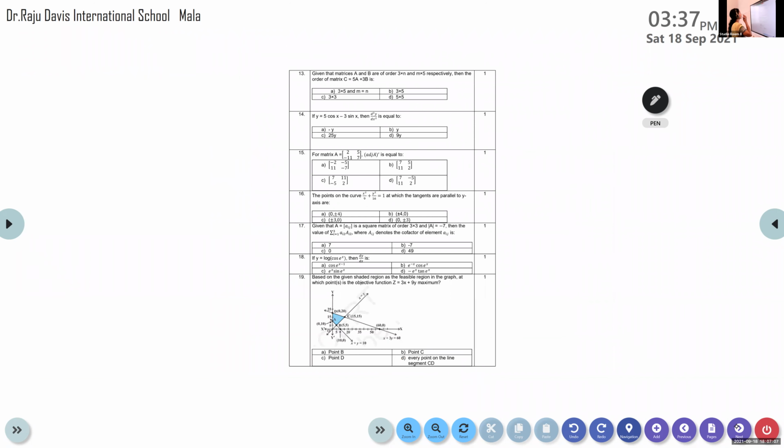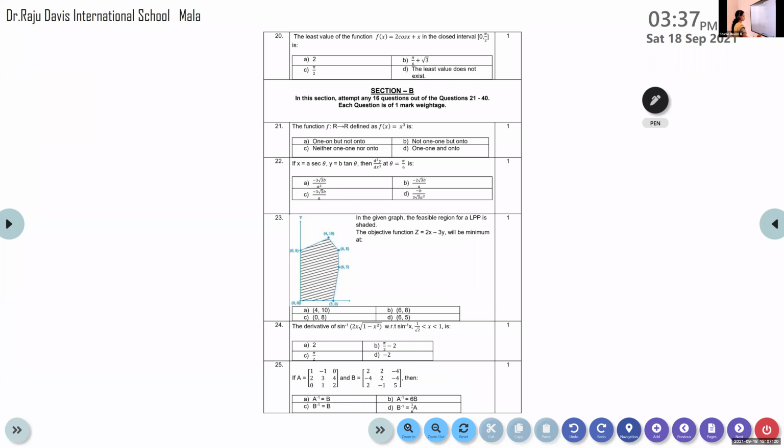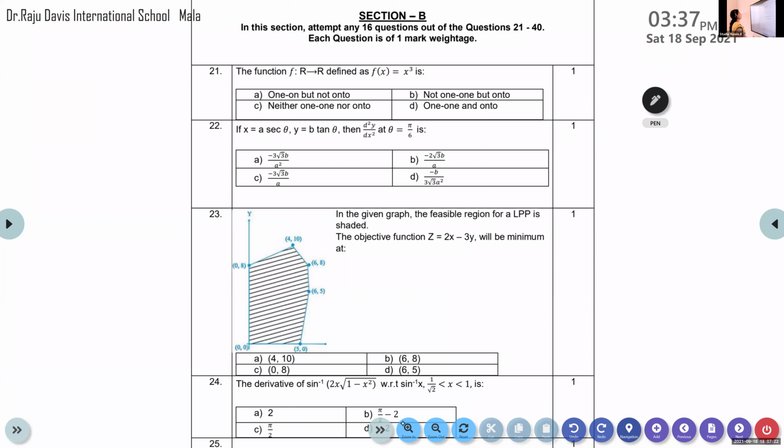Now the next one. Now take the 21st question. Look at the question. A function f from R to R is given as f of x is equal to x cube. Is it one-one, onto?